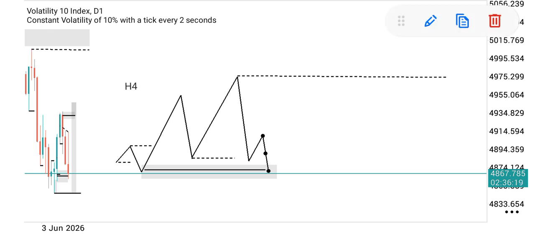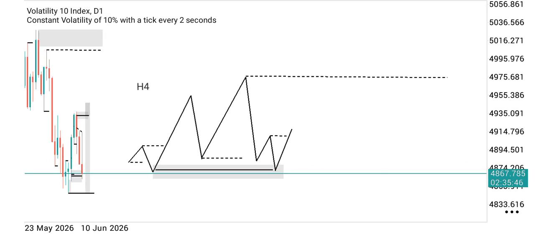Then it will give us an MSS. Now we have a change of character here, signifying that this market we are seeing has shifted structure, which is the market has changed structure and is pulling upward. So this is our change of character, our MSS.